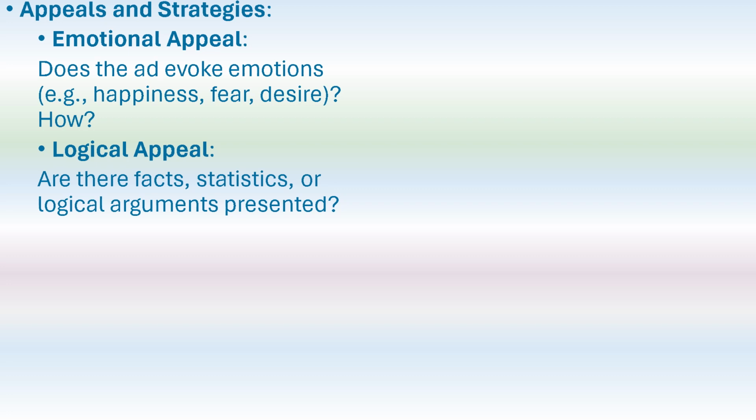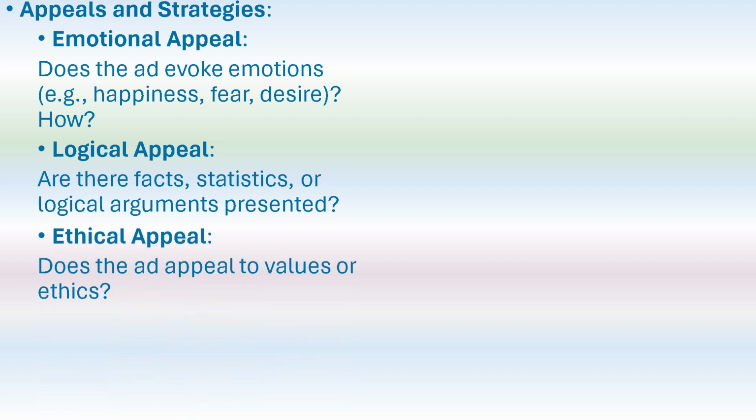Is there any factual information in it? Does it have any statistics in it? Are any logical arguments presented in the advert? Then the third appeal is an ethical appeal. So is this advert appealing to my sense of values or my ethics?